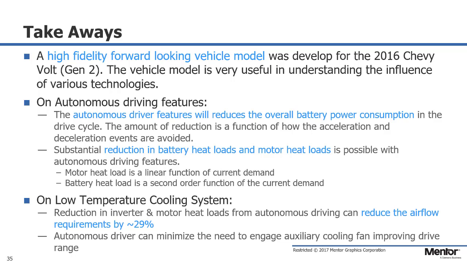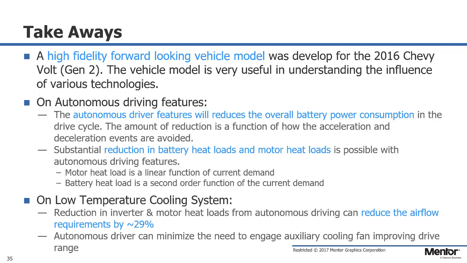We saw how using autonomous driving helps to reduce the overall battery consumption in some standard and real-world drive cycles, basically by reducing the acceleration and deceleration that a human driver would experience as part of their standard driving.